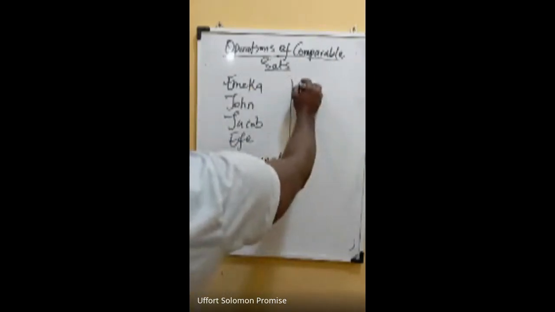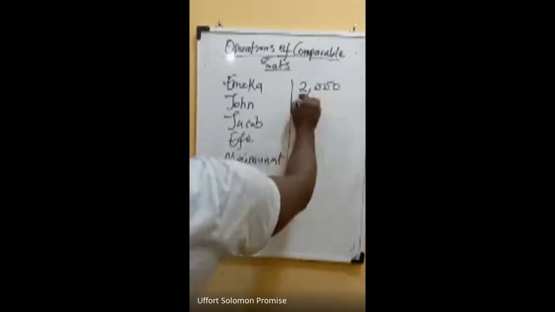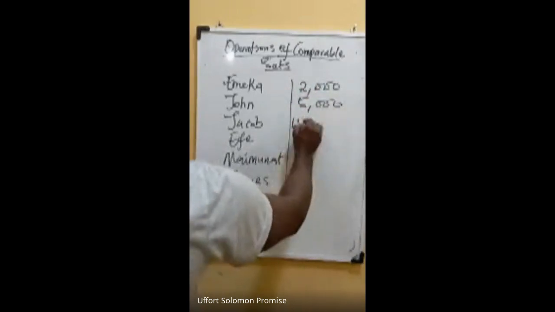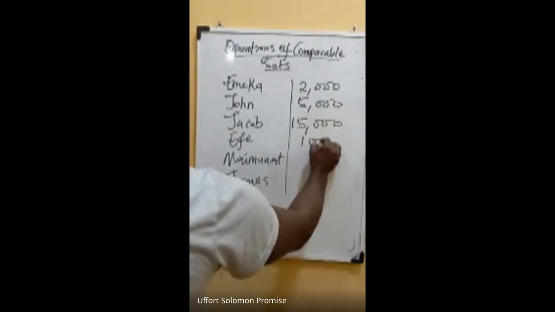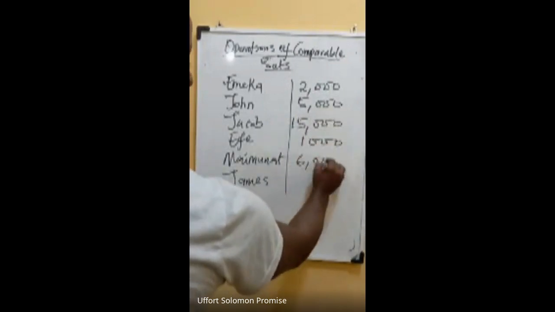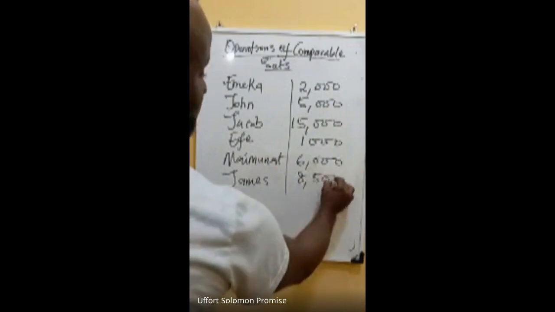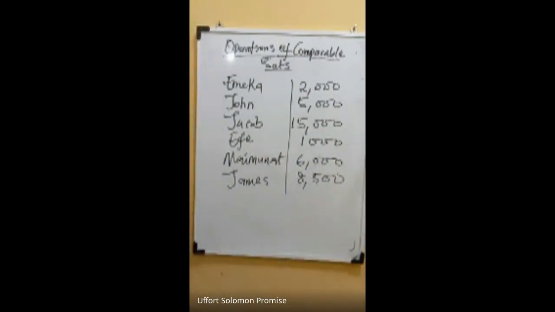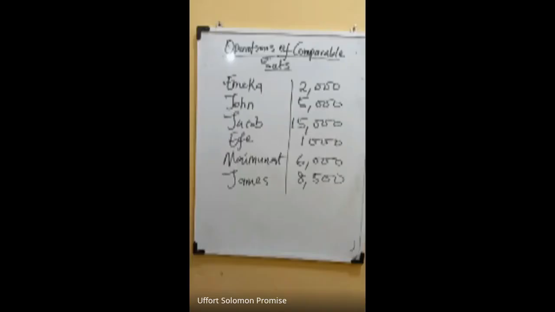One bought goods worth 2,000, 5,000, 15,000, 1,000, 6,000 and 8,500. So the question now is, how many customers did we have at the shop today that patronized my business, Mr. Jacob? How many clients did you attend to? Six clients. That is just cardinality.